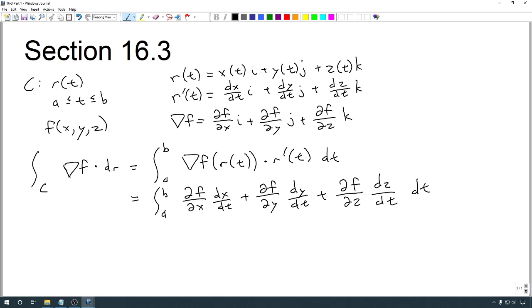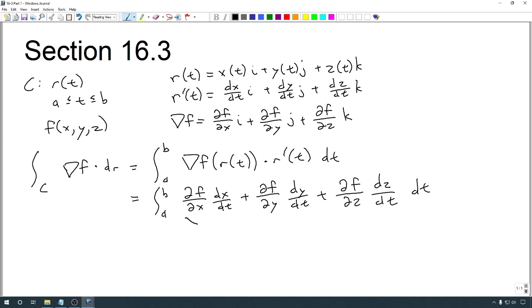And at this point, we want to stop and recognize that what's inside the integral right now is something we've seen before. If we think back to chapter 14, recall that when we composed a function of 3 variables with a vector valued function that takes in 1 variable and outputs 3 variables, that composition we can actually compute the derivative of by using the chain rule.